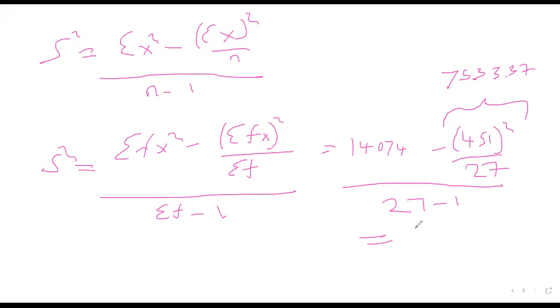Yeah. Okay. 251.56. Correct. So this is our variance. Meaning, what is our standard deviation? When you square root that, 15.86. Yes.